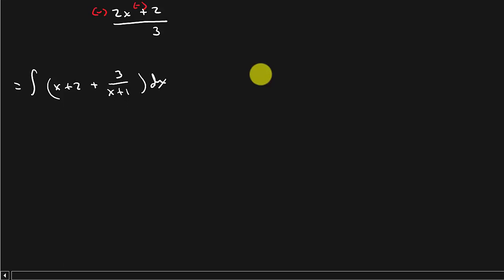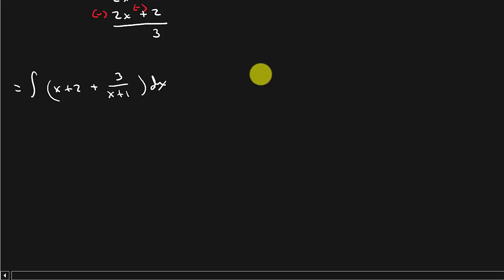All right. So look at this. I can integrate the x. I can integrate the 2. But then look at what happens when I have to integrate the 3 over x plus 1. Well, let's do some rewriting here. So that's the integral of x plus 2 dx plus the integral of 3 over x plus 1 dx.